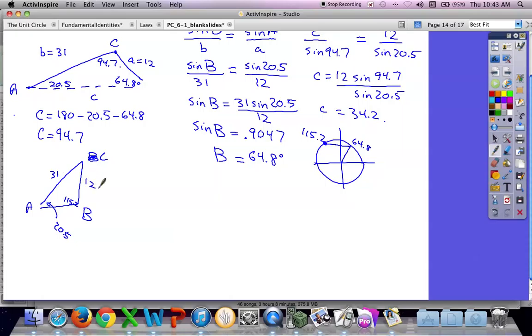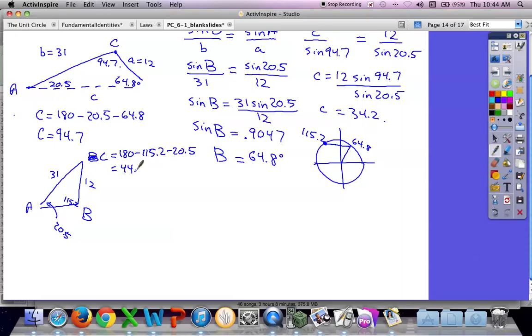Okay, we need to subtract: 180 minus 115.2 minus 20.5. Which is what? 44.3 degrees.